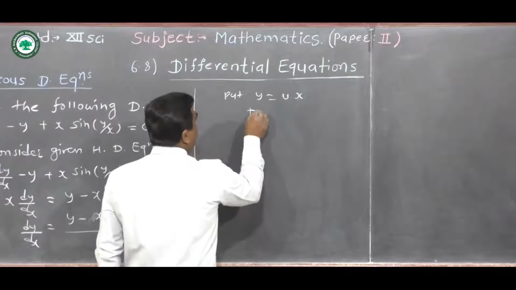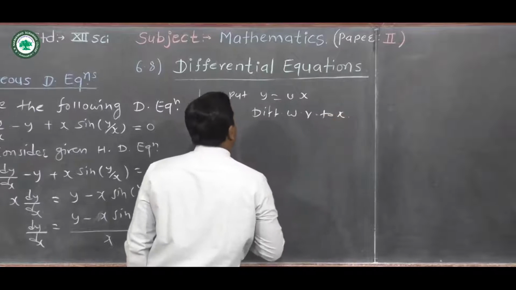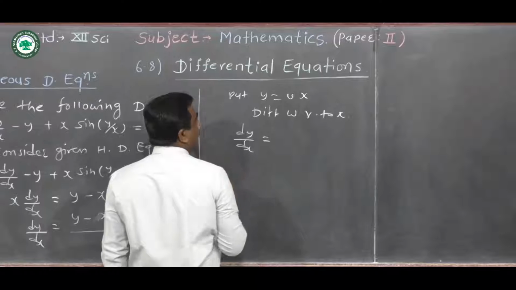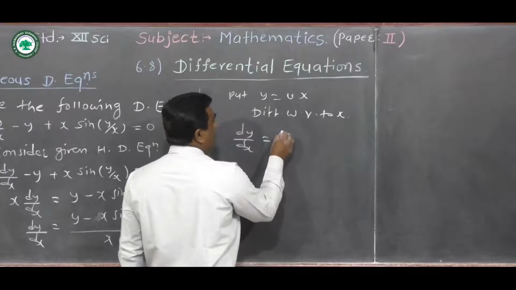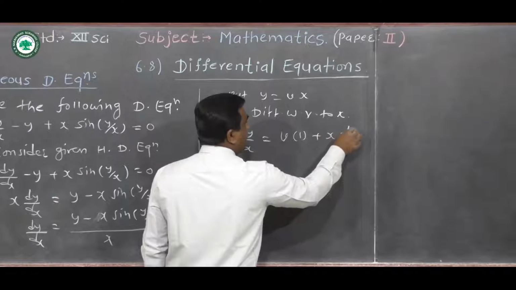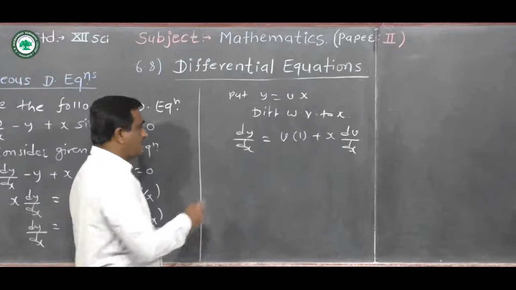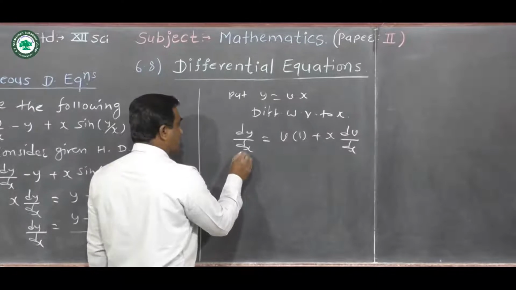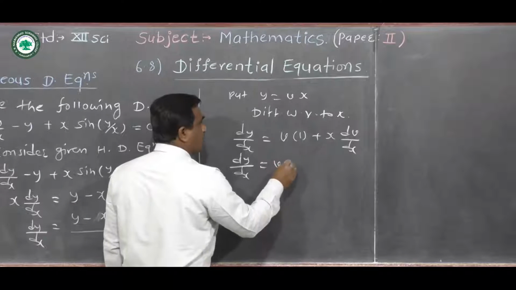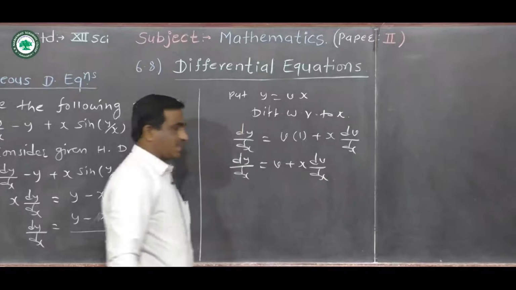Differentiate this equation with respect to x. Therefore, derivative of y is dy/dx, derivative of v times x using the product rule: v as it is, derivative of x is 1, plus x as it is, derivative of v is dv/dx. That is, we get dy/dx equal to v plus x dv/dx.